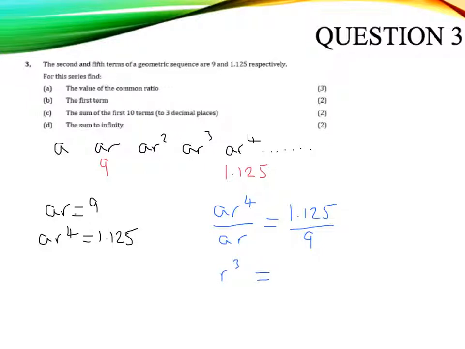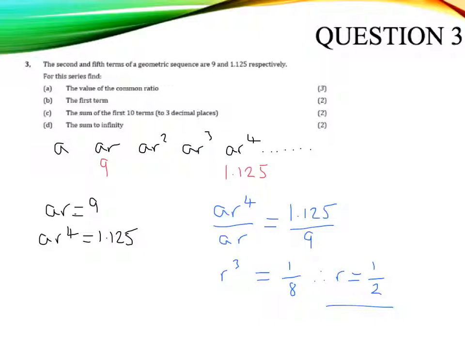If we do this calculation on the right-hand side on our calculator, this comes out as 1/8. And so we can just cube root it, which gives us that R equals a half. So we've worked out the common ratio. That's fairly straightforward once you get into your mind what's going on with this common ratio.